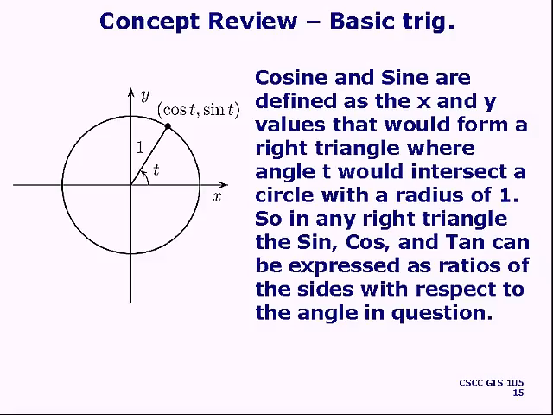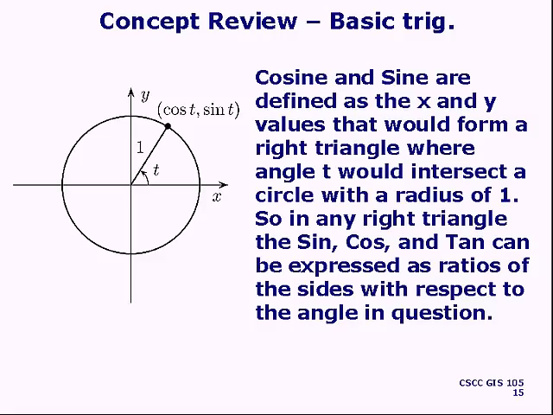The cosine and sine are defined as the x and y that would form a right triangle wherever T intersects the circle, and then to the X and Y axis.